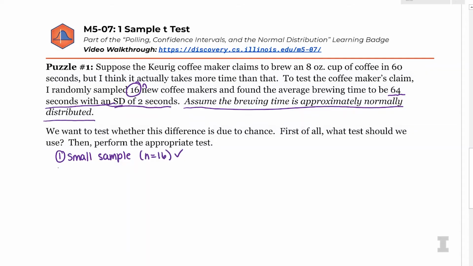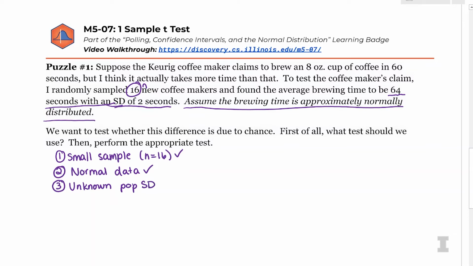So the second condition is that the data follows the normal curve, and it does, normal data. And then with the sample being small, we need to make sure that we do need to use the sample SD as an estimate. So the last condition is that we have an unknown population standard deviation.